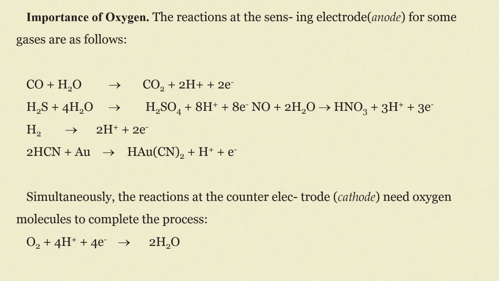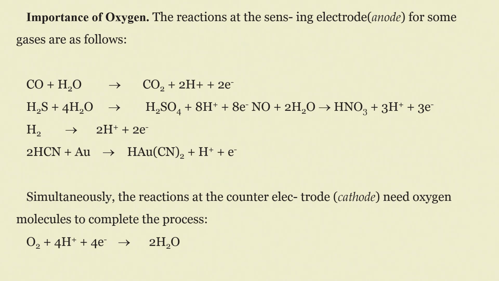So, again the chemistry is the trick involved here, and we worry about oxygen. So, we know all these reactions that happen at the electrode, especially for some of the gases including carbon monoxide, H2S, H2 and HCN. I have written here some of the equations, reactions governed by the presence of other components.